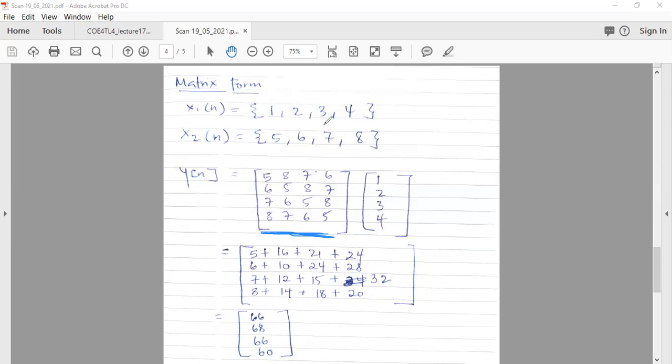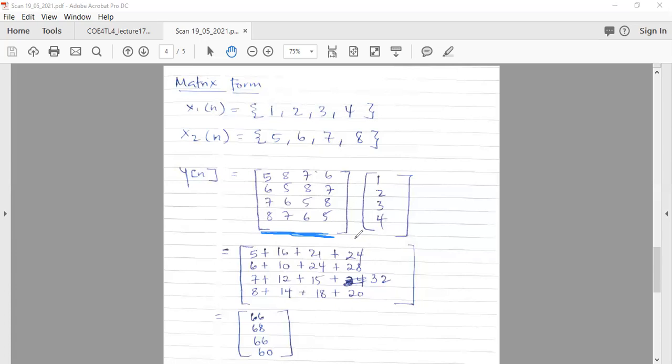And x1 of n, we have 1, 2, 3, and 4, as it is. You write it in column form. In order to compute y of n, you just multiply. All of you know how to do the matrix part, right? So 5 times 1 gives me 5, plus 8 times 2 gives me 16, 7 times 3 gives me 21, 6 times 4 gives me 24.